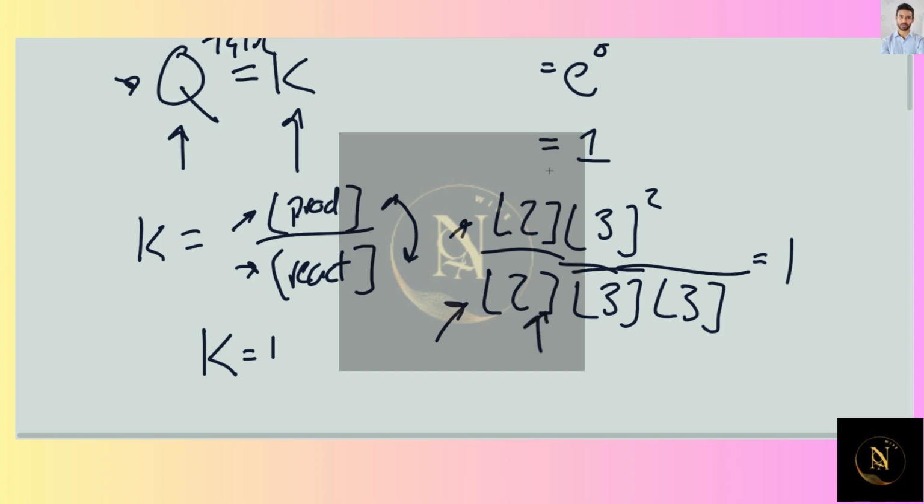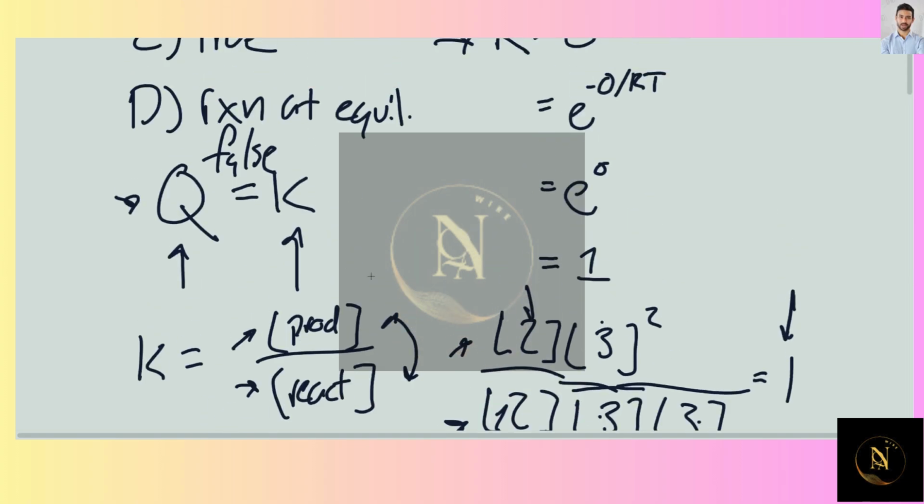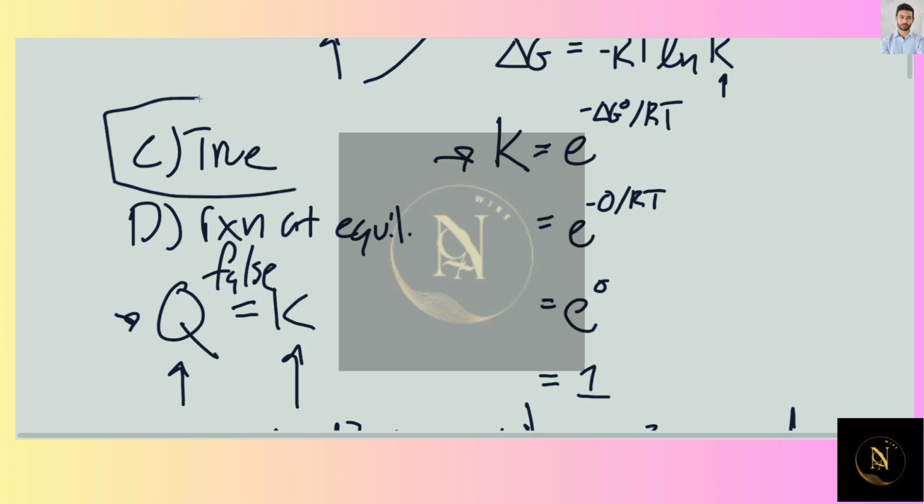Clearly they're not: 2, 2, 3, 3, 3. That would also be a perfectly valid way of having an equilibrium constant equal to 1. So of all of these, only C is true.